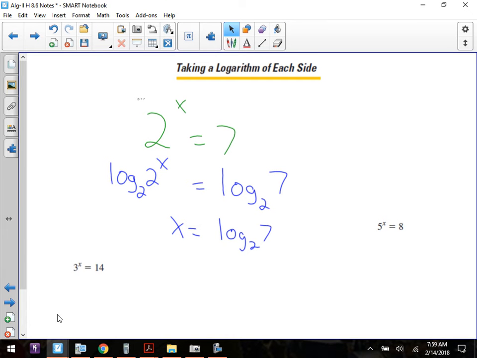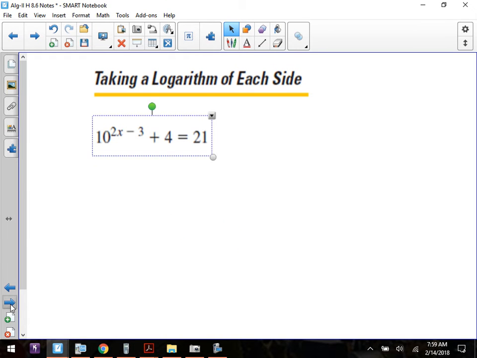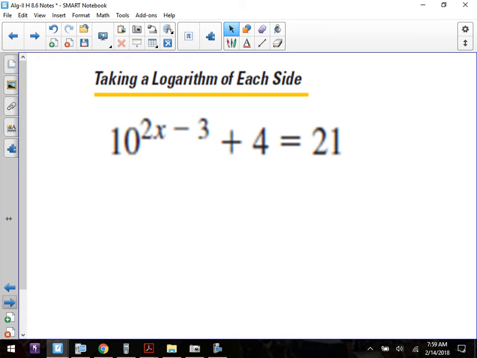Okay. Do another one. For example, 10 to the 2x minus 3 plus 4 is 21.